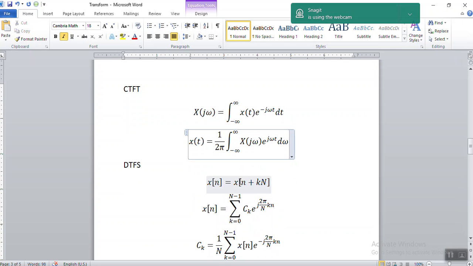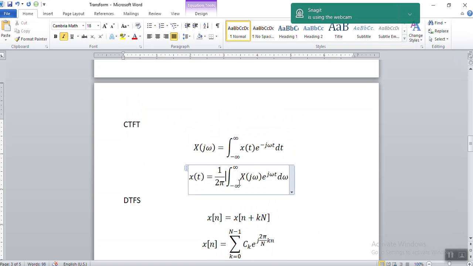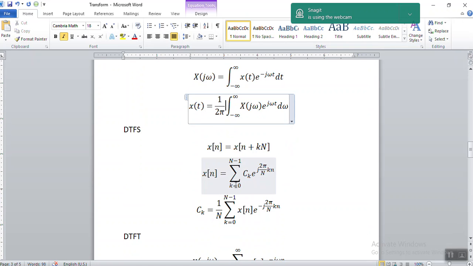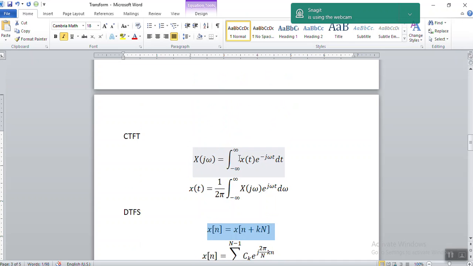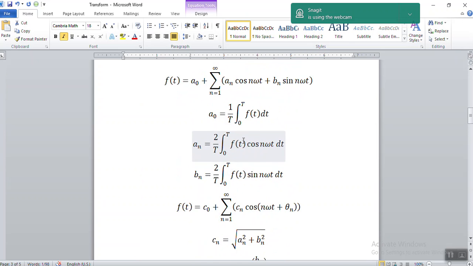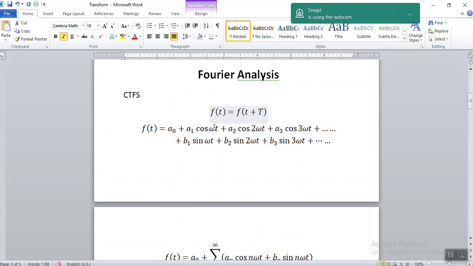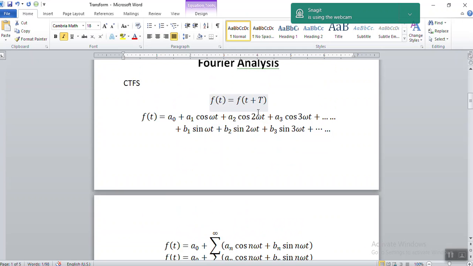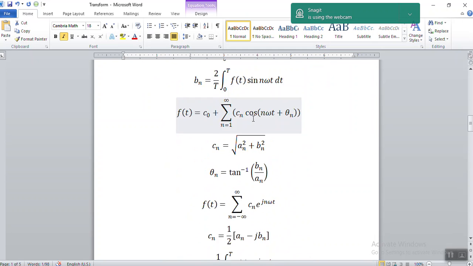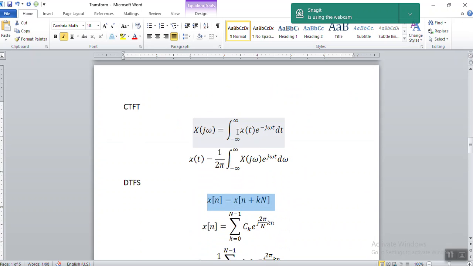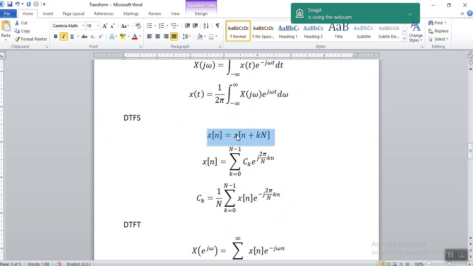Now, in case of discrete time, as with the Z transform, the periodic signal is defined like this. Just as f of t is equal to f of t plus capital T, similarly a discrete time periodic signal is represented as x of n is equal to x of n plus k N, which is periodic.